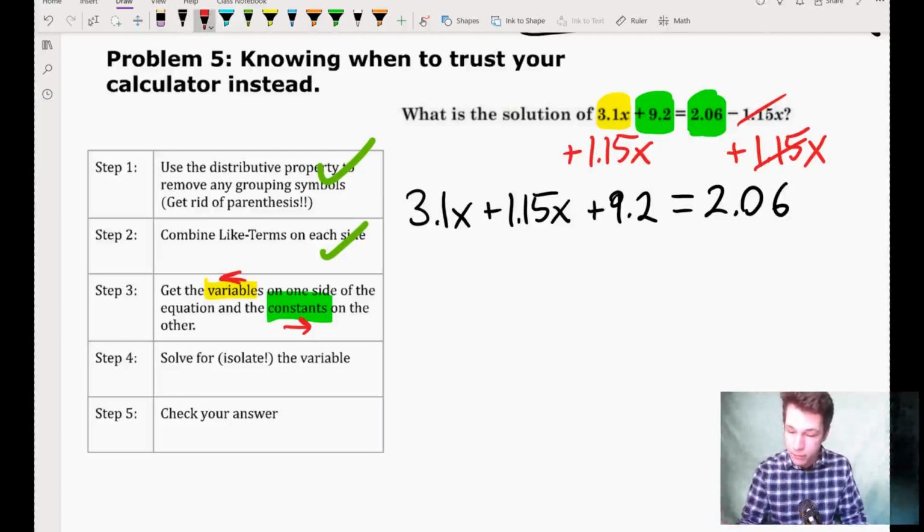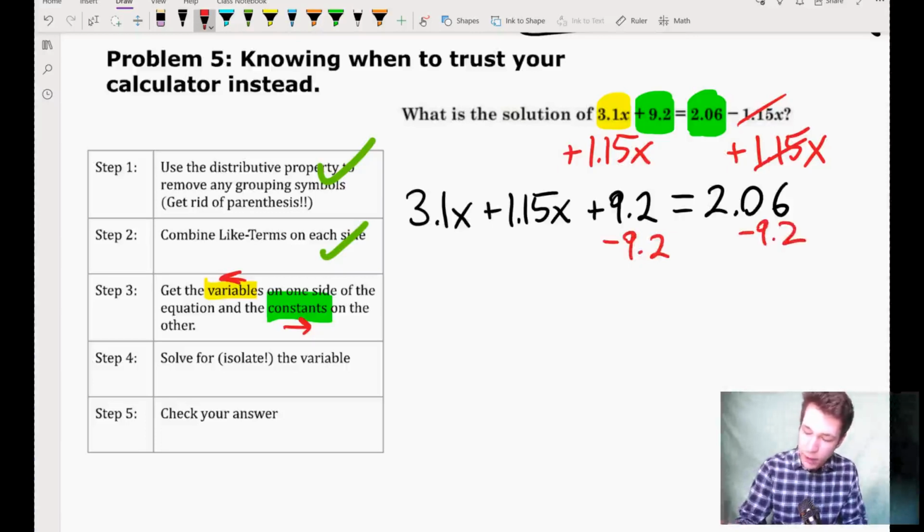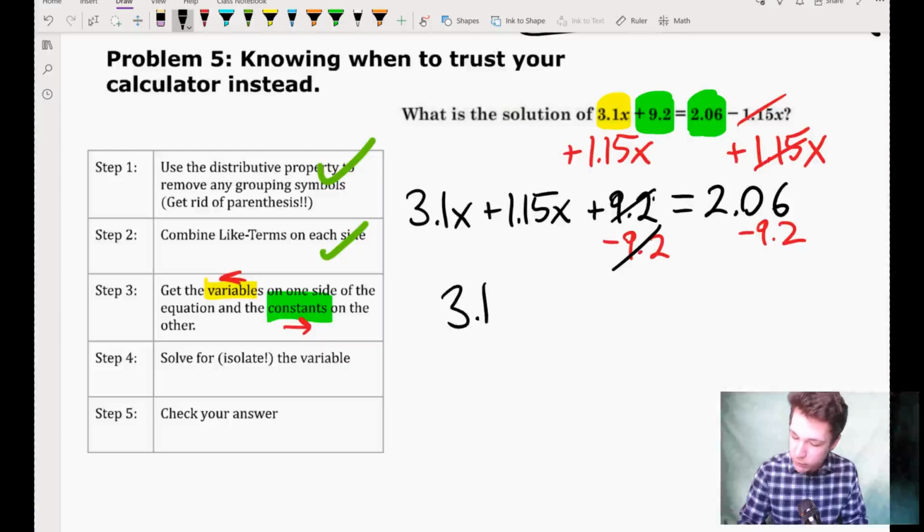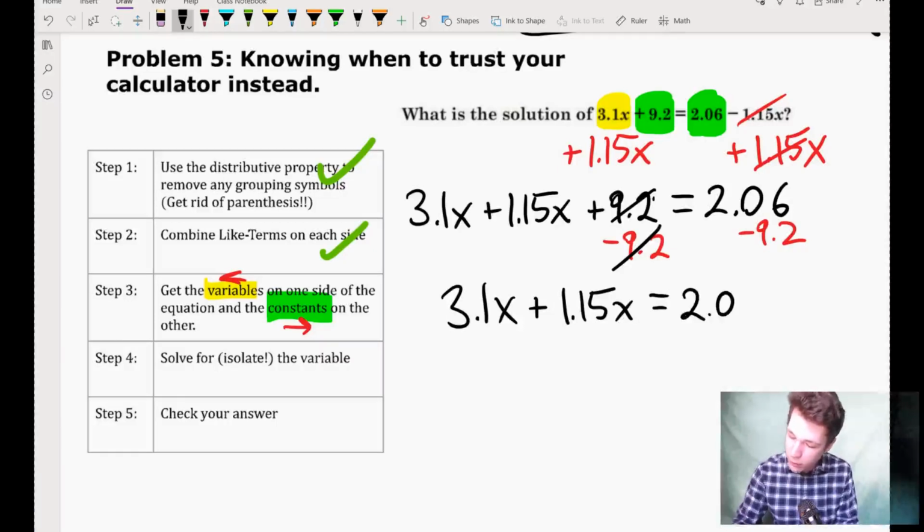That's what I like to do. Let's move this constant, this positive 9.2, over to the right side, so that way we can get rid of it on the left. 3.1x plus 1.15x is equal to 2.06 minus 9.2.